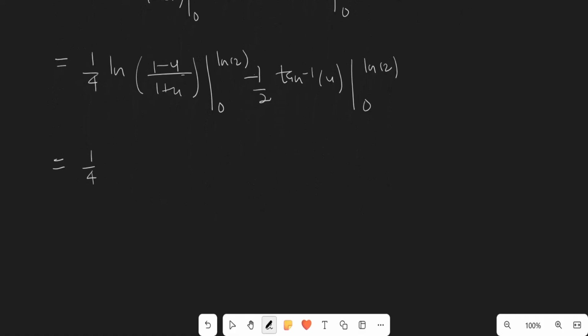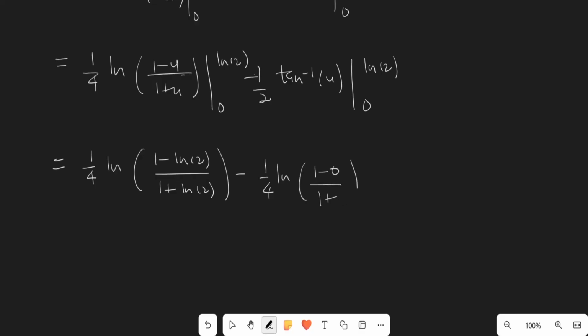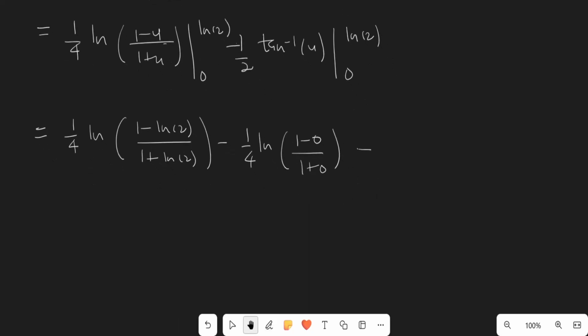So that's going to be 1/4 ln of 1 minus ln of 2 all over 1 plus ln of 2, minus 1/4 ln of, plugging in 0, 1 minus 0 over 1 plus 0, minus 1/2 tan inverse of ln of 2, minus 1/2 tan inverse of 0.